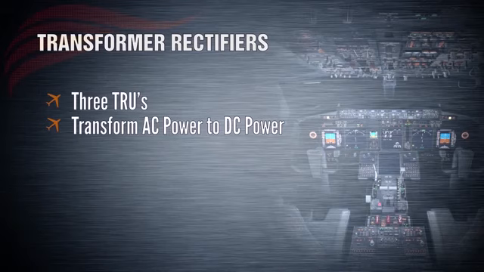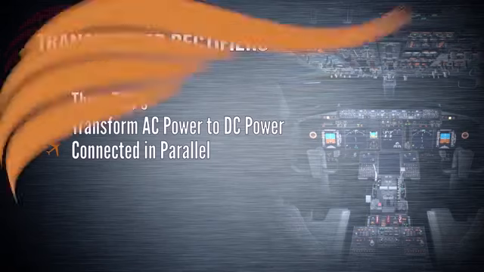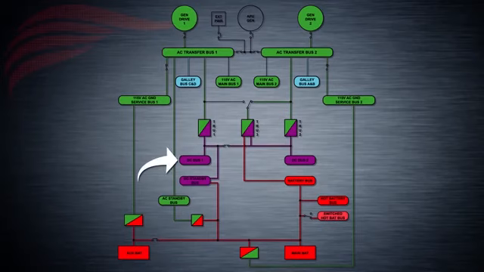The 3 transformer rectifiers are connected in parallel, which means if one of them fails, the other 2 may give backup. The TRUs are connected according to the following logic. TRU1 gets power from the AC transfer bus 1 and connects directly to the DC bus 1.